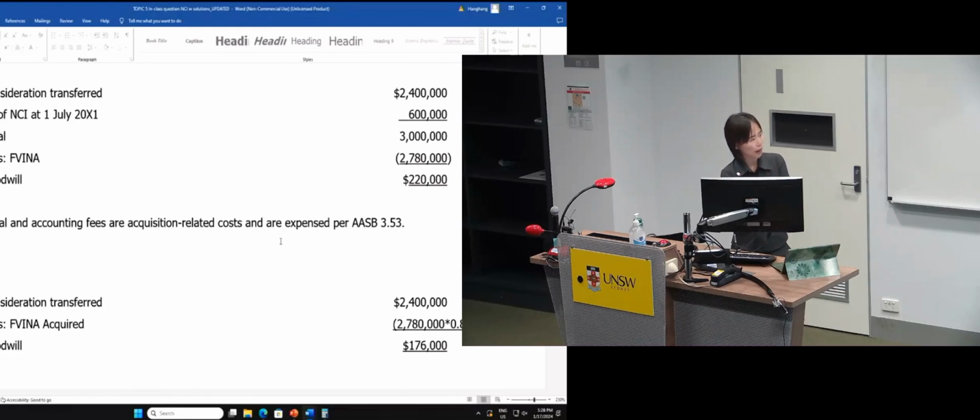The goodwill acquired by the parent doesn't change whether you're applying the partial goodwill method or the full goodwill method. If the question asks for the total goodwill, then it is the total goodwill resulting from the acquisition, 220,000 should be used. Now, any question from this practice? A, B, C. Is there any question at this stage?